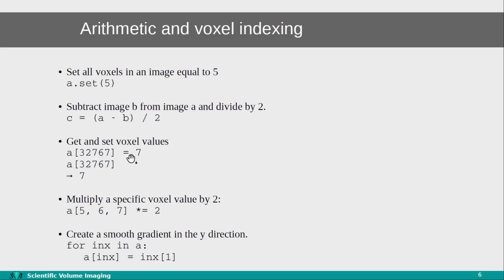What you can also do is directly access the voxel values in an image, and you can use this either by linear index or using a position in the image. So for example, here we have an image A and we want to set the voxel at linear index 32,767 to 7, and we can do that, and we can also request its value by simply typing it, and then we get a result.